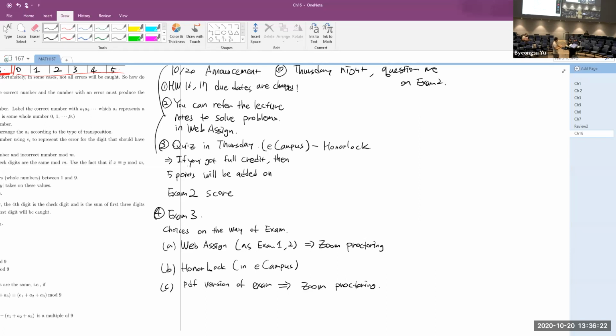So can you check whether this given number is valid, or what is the check digit for the given number, or something like that. I think that if you understand all the things we did last time and today, then you don't need to use notes, right? Because all formulas are on the quiz.